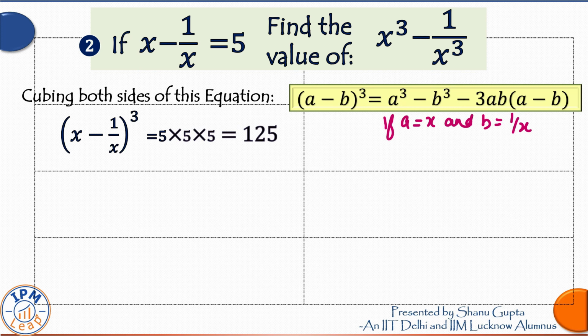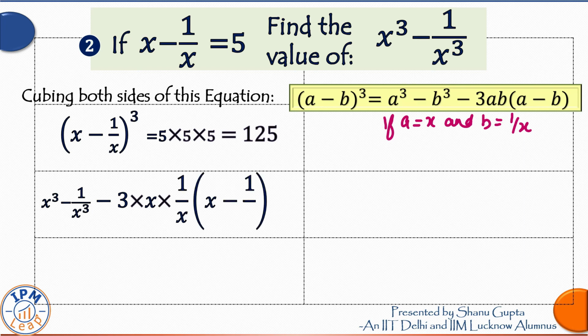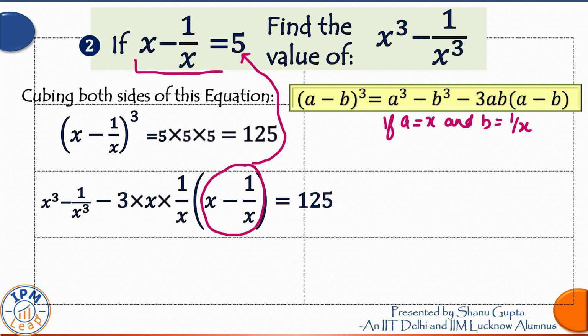So let's calculate. Left hand side will be equal to x cube minus 1 by x cube minus 3 into x into 1 by x multiplied by (x minus 1 by x). Now, do you remember what happened in the last question? In this case as well, x and 1 by x get cancelled out.